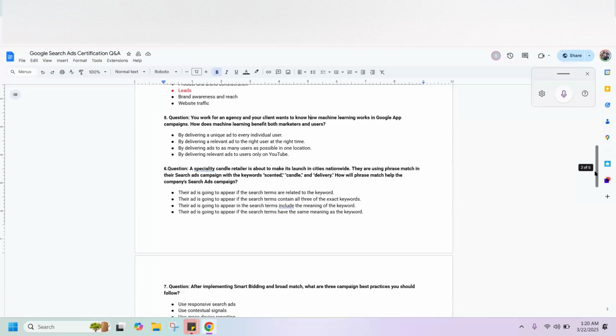How does machine learning benefit both marketers and users? It's this one: by delivering relevant ads to the right user at the right time.